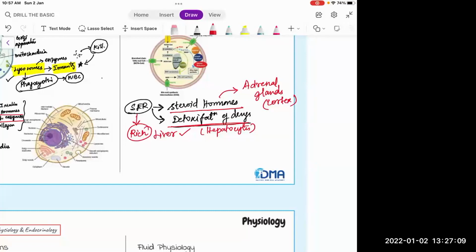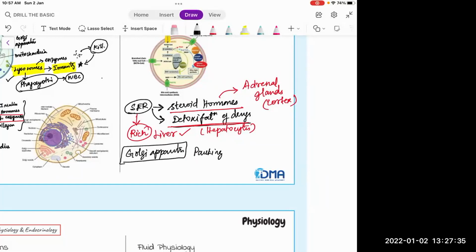And now coming on to the Golgi apparatus. So whatever proteins, enzymes, hormones, chemicals you are synthesizing from the smooth and the rough endoplasmic reticulum, you should pack all those materials. So that is being mediated by this Golgi apparatus. Okay.